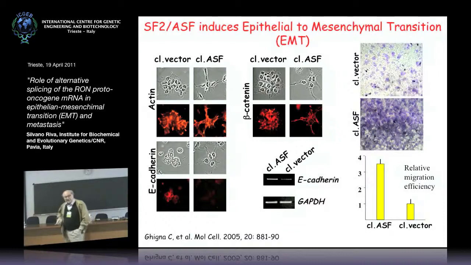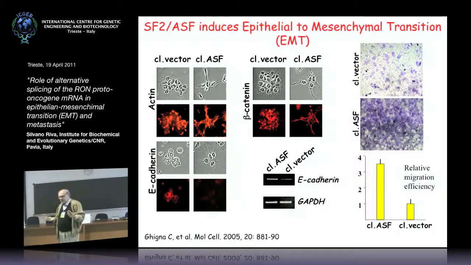And the problem is that to switch from inclusion of exon 11 to exclusion of exon 11, it all depends on the level of SF2. But what is very scary is that the levels of SF2 which are necessary to switch are a two-fold increase, 2.5, threefold.